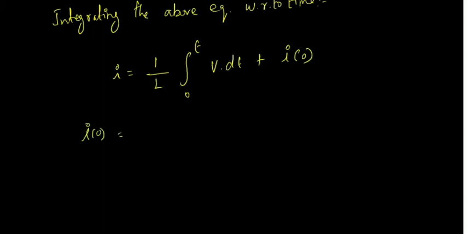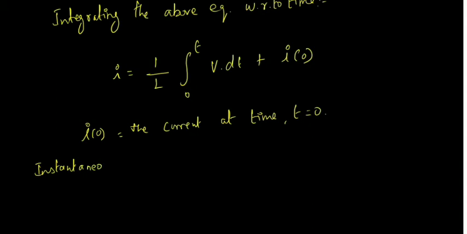I of 0 is the current at the time t equal to 0. The current in an inductor cannot change suddenly at 0 time. If the time is 0, the current has some value. If the time is 1 second, the current will change its value from the previous value.